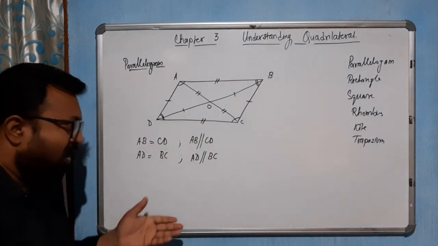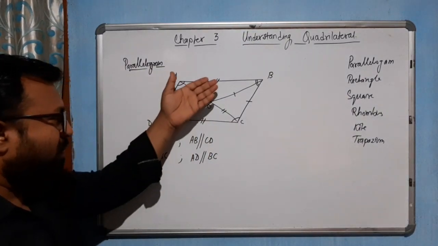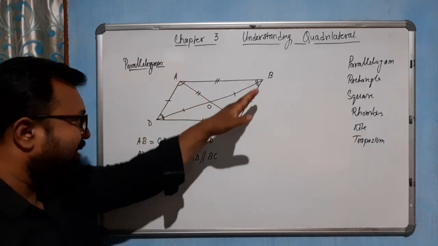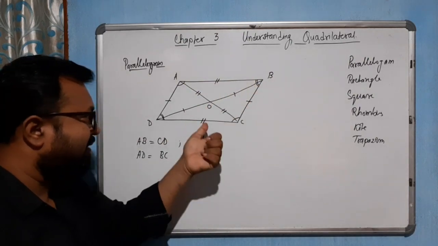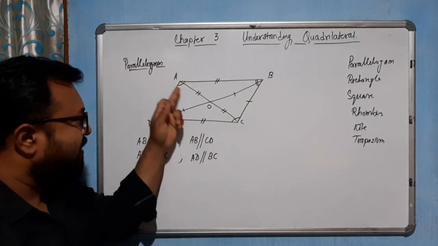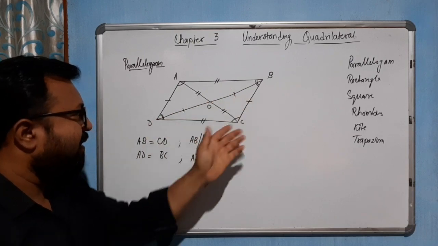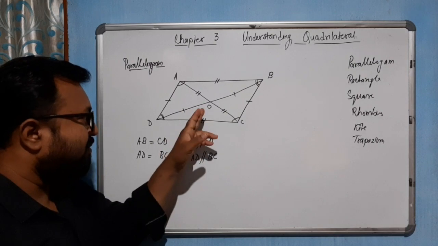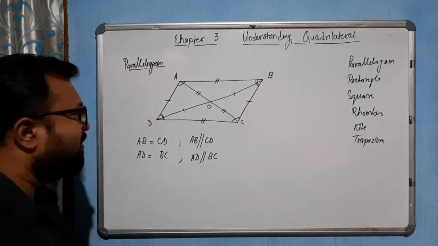So, for a parallelogram, the opposite pair of sides should be equal and parallel. The opposite angles are equal. The diagonals bisect each other at point O, suppose.